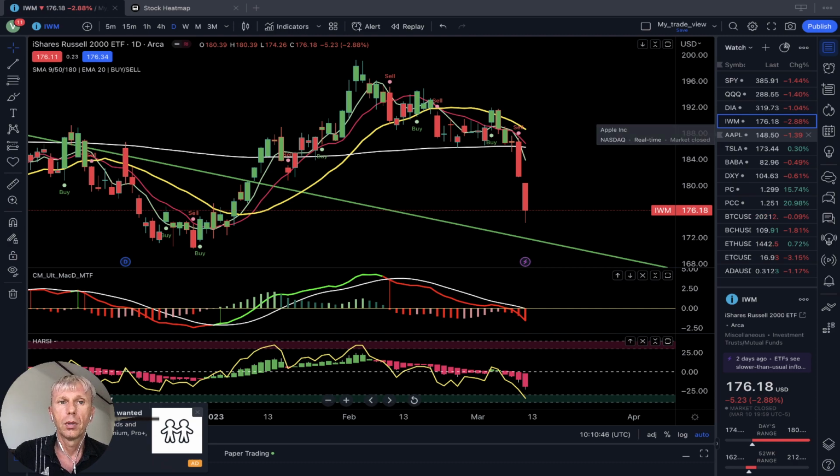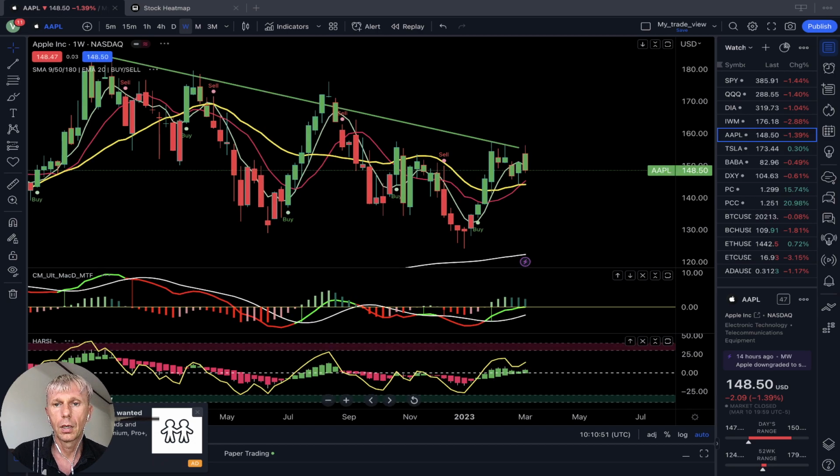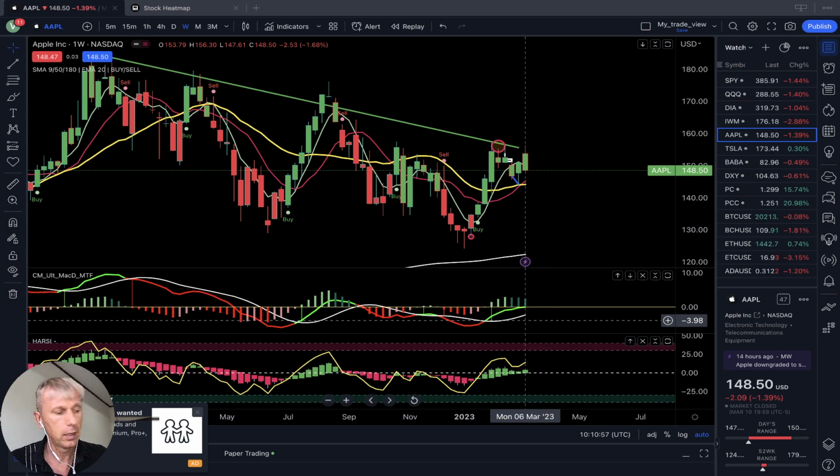Let's move to Apple. Apple weekly time frame. Red week. Still strong. That's why QQQ is strong, because of Apple. Apple is like 25% of the QQQ.